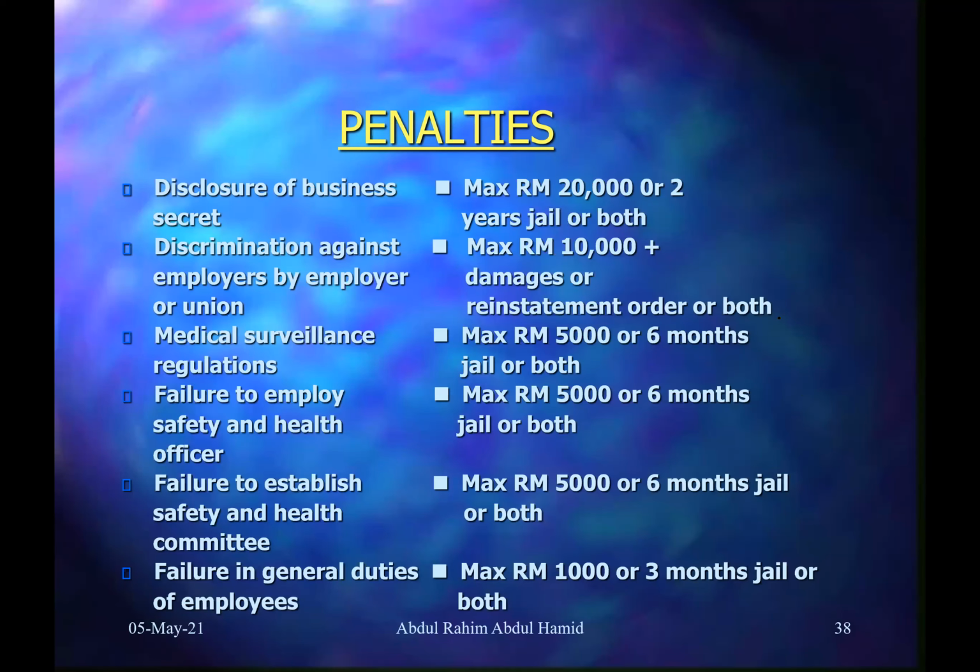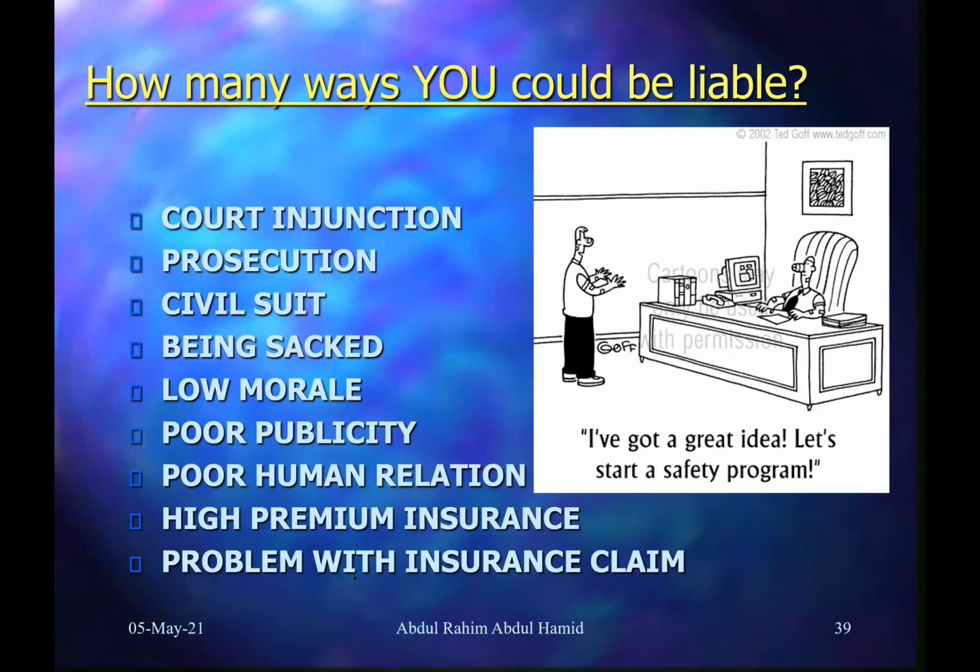And as an employee, you can be fined up to 10,000. Discrimination, this is for the employer. Sorry, where is the employee? Here, 1,000, for failure in general duties. So you have to be very careful.